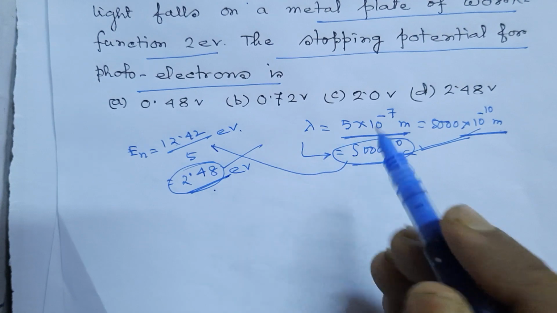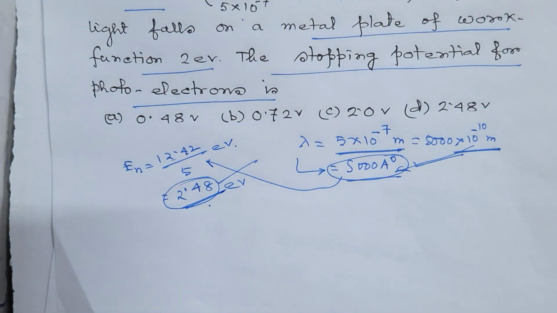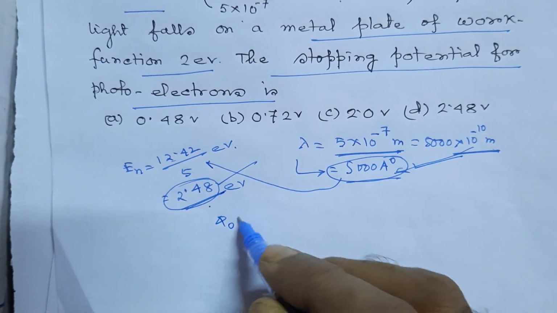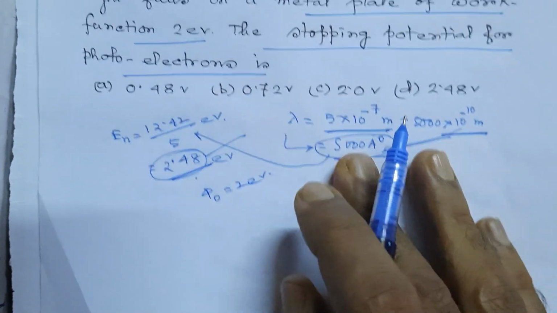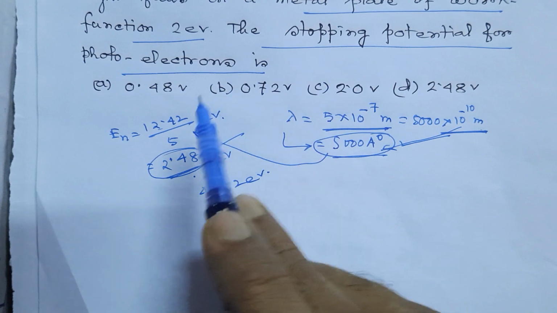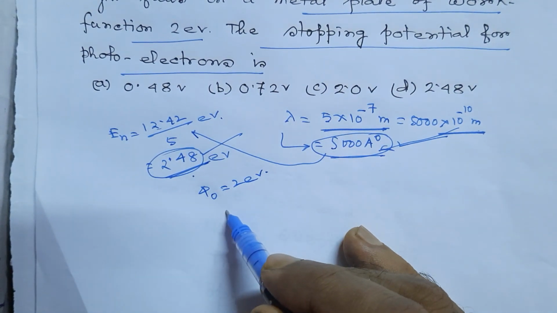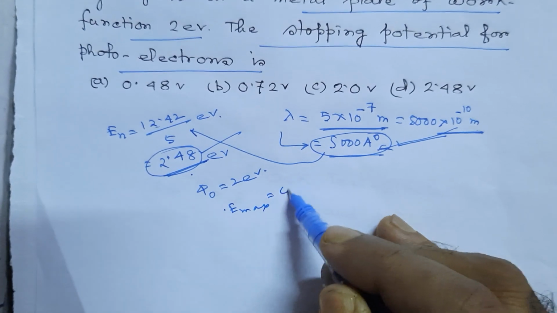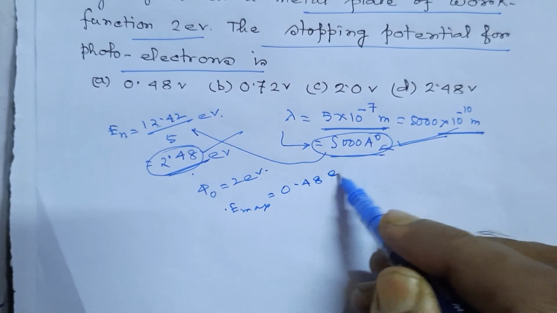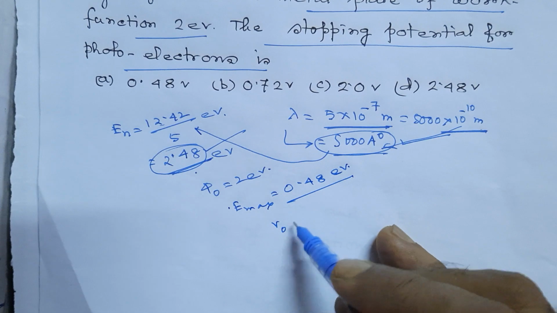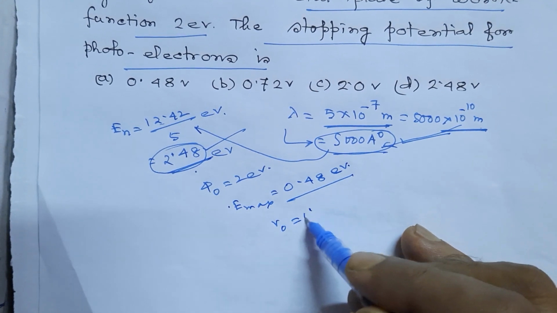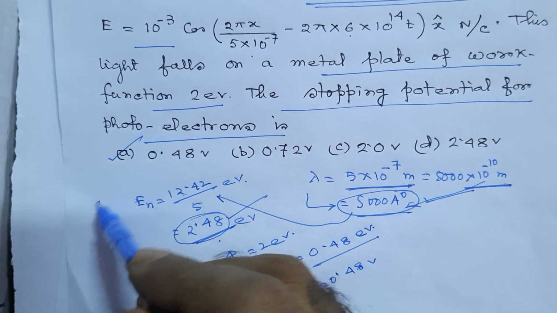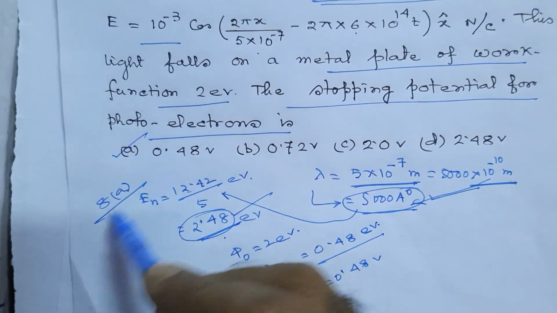Energy is given in electron volt unit. Now the work function phi 0 is 2 electron volt. So the rest is the maximum kinetic energy of the electron, the difference between the two, that is 0.48 electron volt. So the stopping potential V0 is 0.48 volt. So the correct option is A. So the correct option to question number 8 is A.